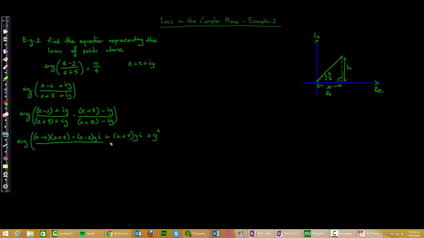And then on the bottom line, we have x plus 5 squared, and the x plus 5 times negative iy and the iy times x plus 5 will cancel, and then the iy times negative iy will become y squared again.